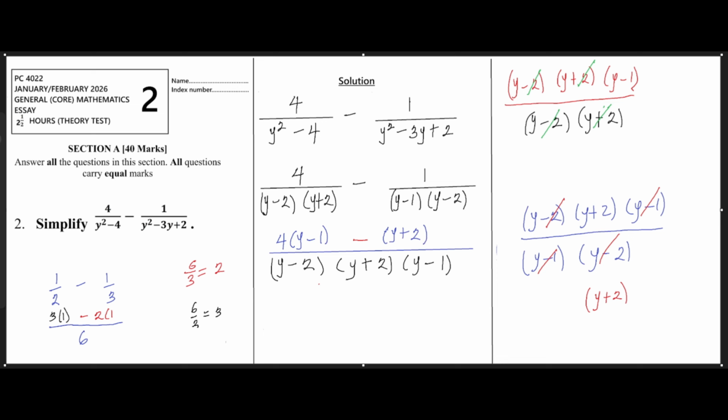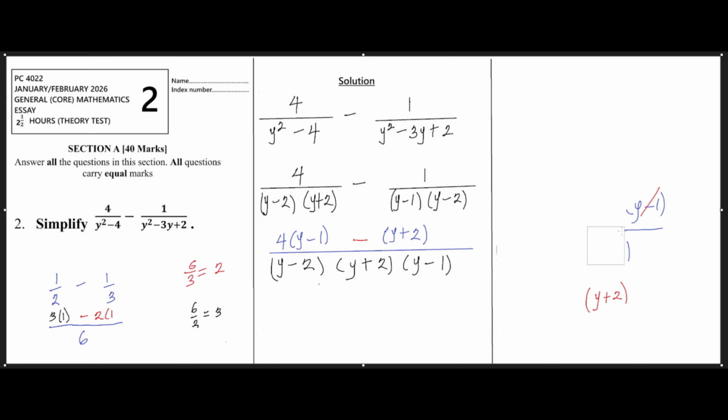So we are almost done. Now we just simplify the numerator by expanding the brackets. So let's finalize everything we have here. Let's expand the numerator.